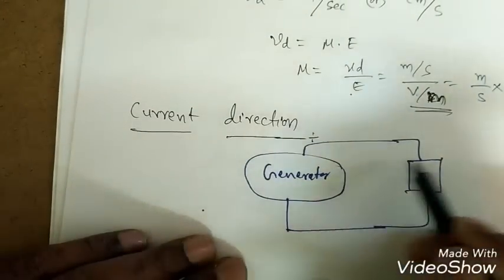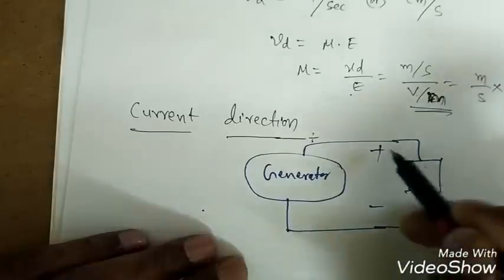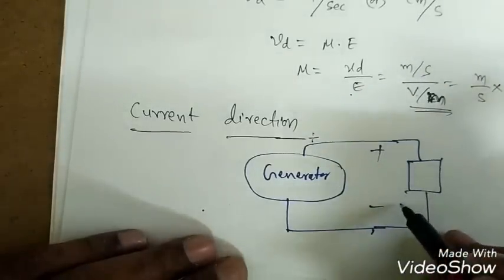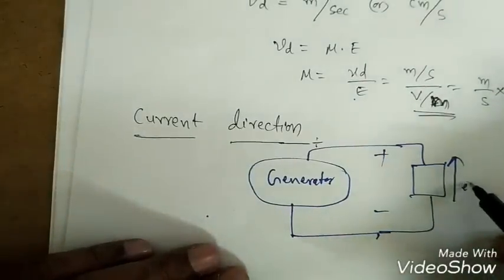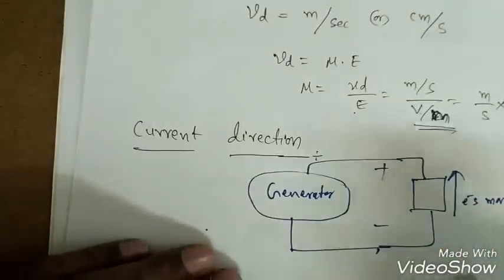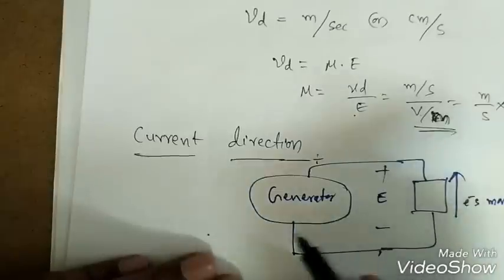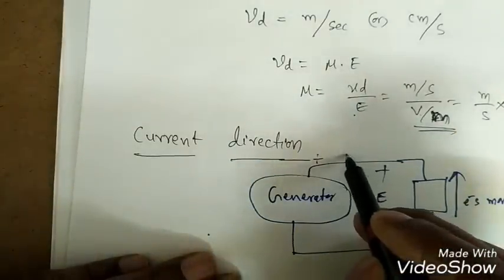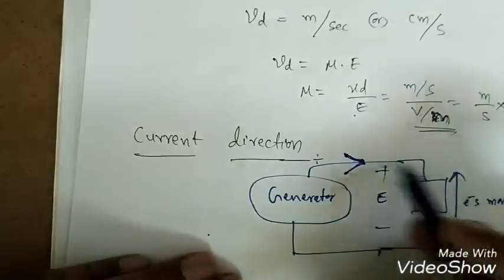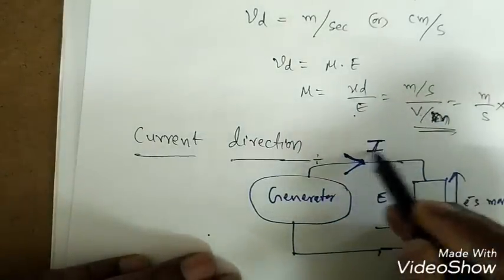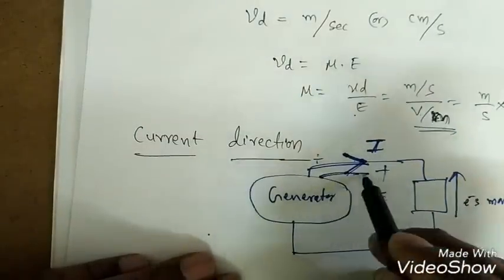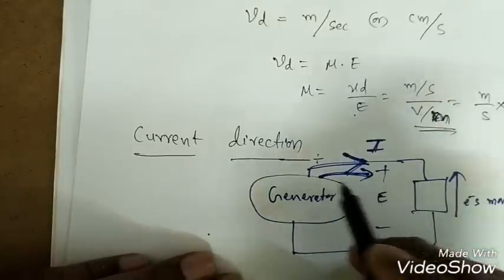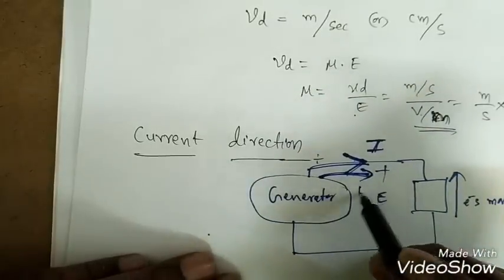Now if I apply some electric field in this direction, and this end is grounded, the electron movement will be in the opposite direction of the applied electric field. So this is E. Now what is the conventional current? The current direction is opposite to the electron movement, that is, the current direction is like this, or we can say in phase with the electric field, in the same direction as the electric field.